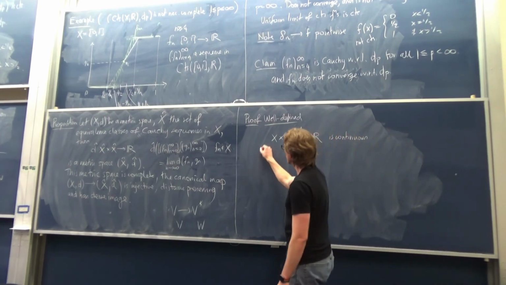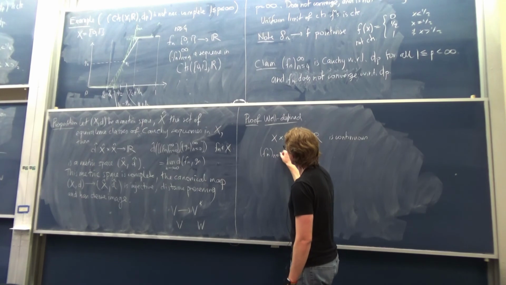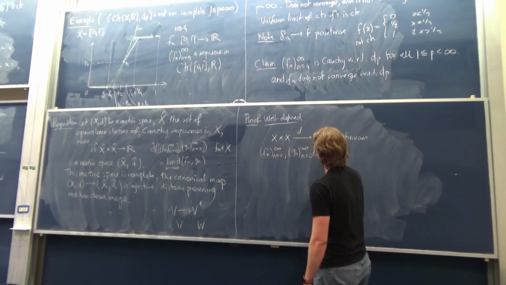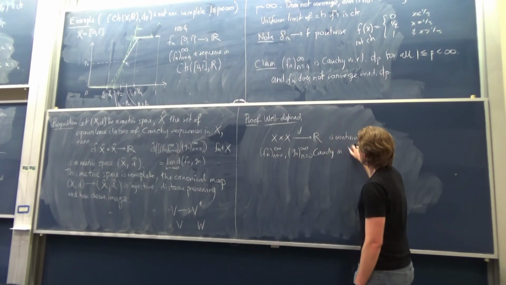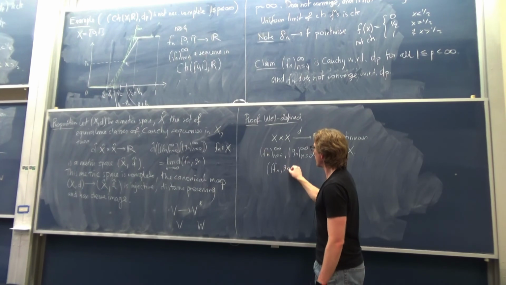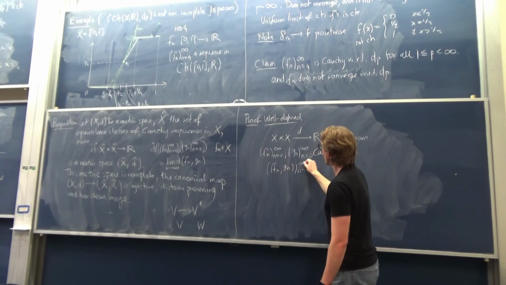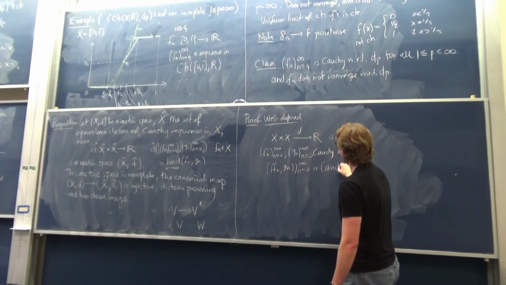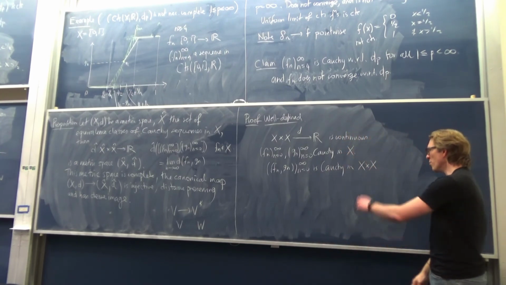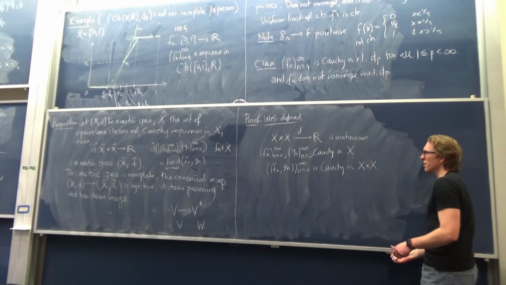Moreover, if I have two Cauchy sequences in X, then pairing them up is a Cauchy sequence in X cross X, with the product metric, as you all know from the assignment.